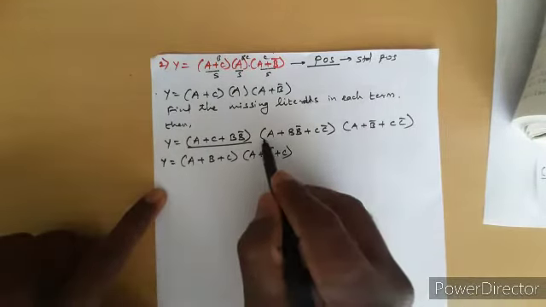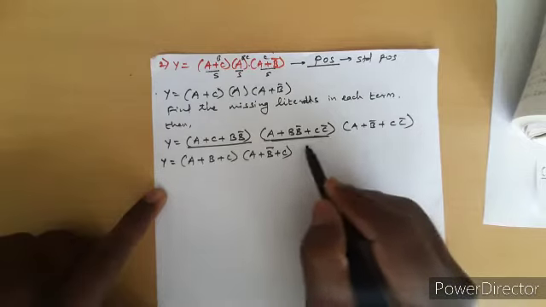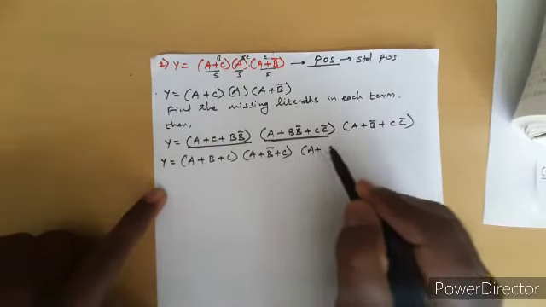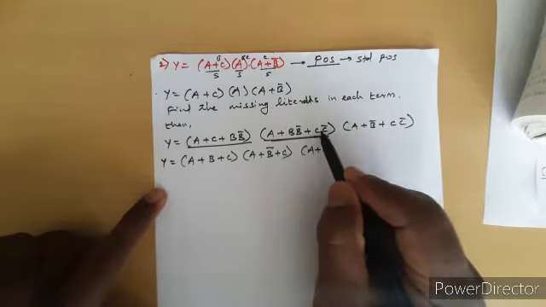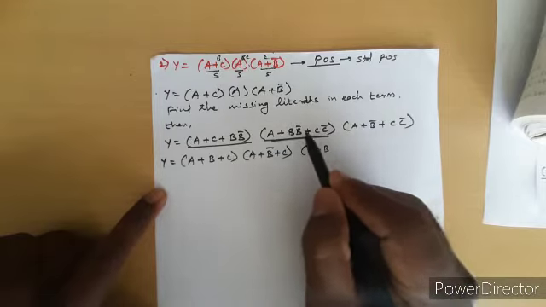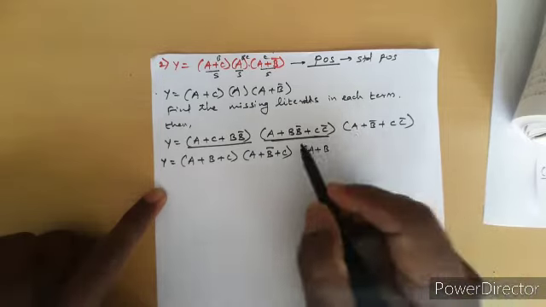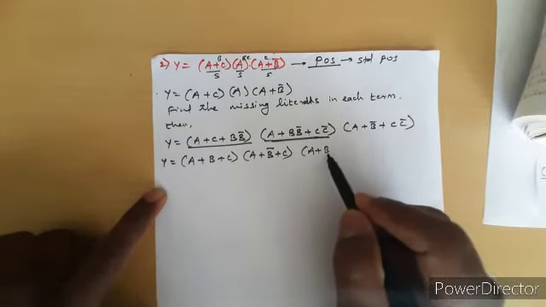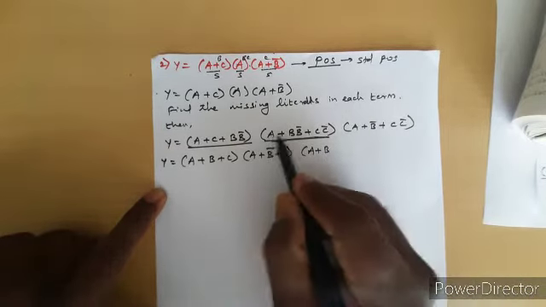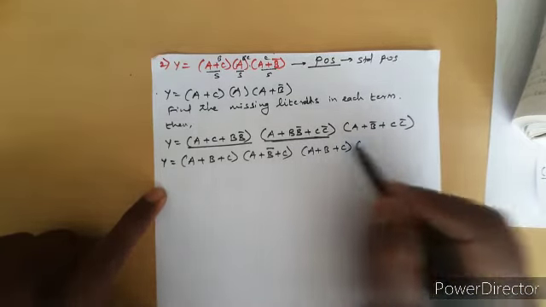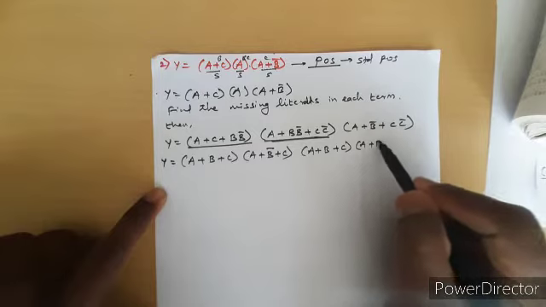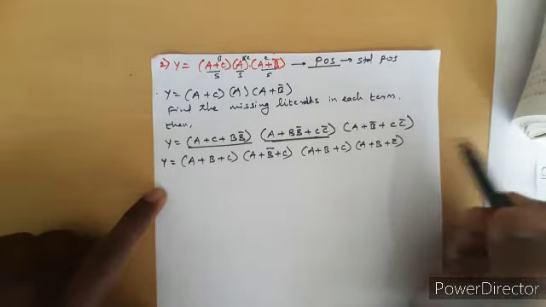Now considering the second term, it is a plus, and here first I will consider b and then these two, then b bar and then these two. So just be careful while looking at this. So it is a plus b plus c, then a plus b plus c bar.